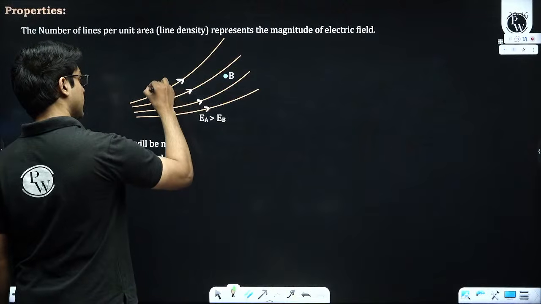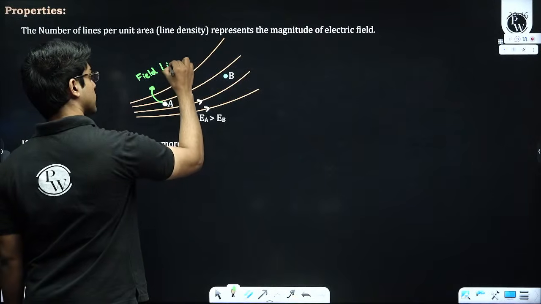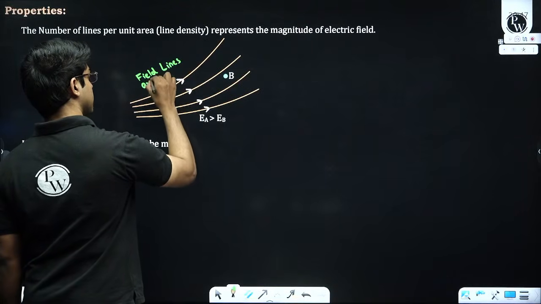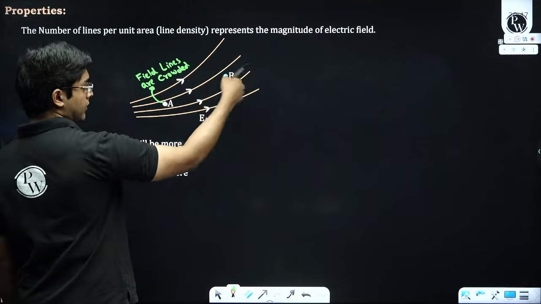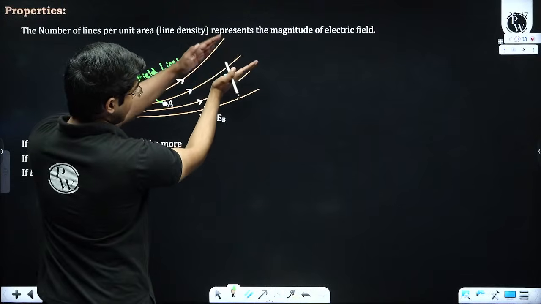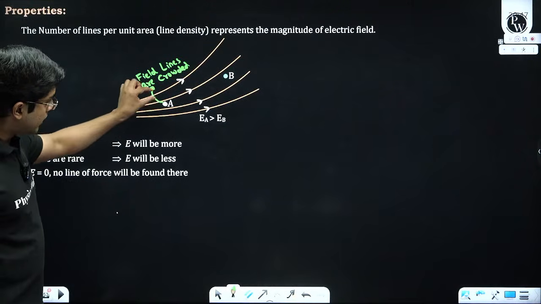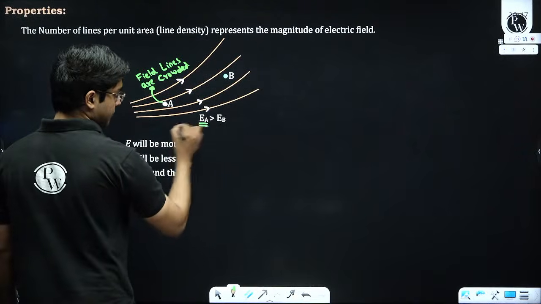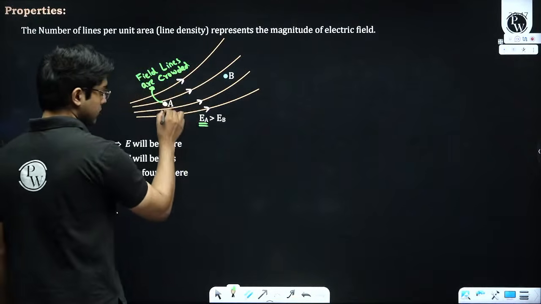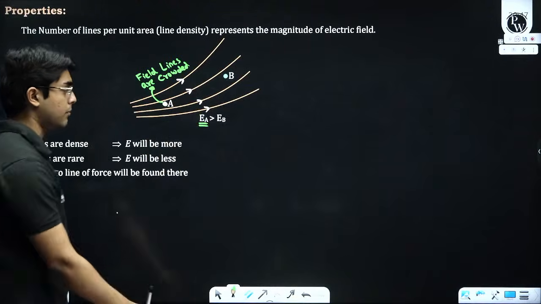Near A, field lines are more crowded as compared to B. Near B, the field lines are more spaced. That spacing tells us how strong the electric field is. Where the field lines are crowded, like near A, the field there is stronger. So more crowding, stronger field. That's why the field at A is stronger than the field at B.